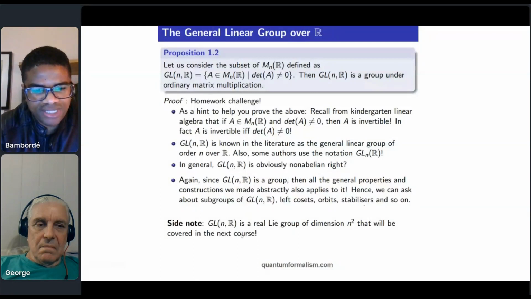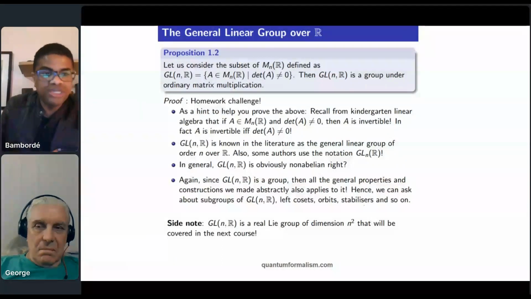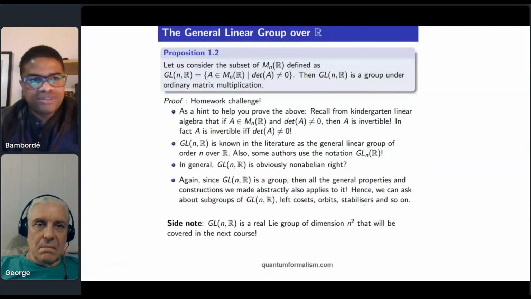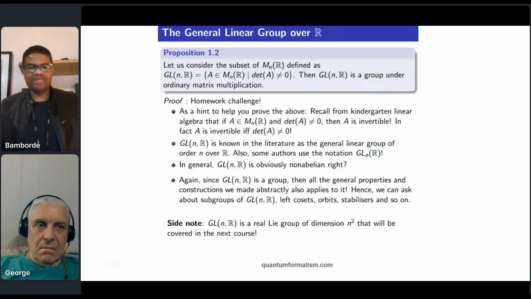We save that for the next course. The notion of dimension comes from the manifold structure. You will learn this in the Lie group section. But this is the example of a Lie group, a real Lie group, because we are talking about real matrix groups. There are also complex Lie groups as well.